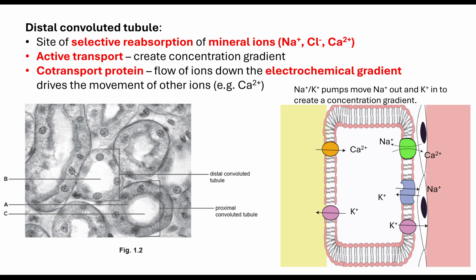The co-transport protein is going to move both the sodium and the calcium across the membrane. And it does that because the flow of ions down an electrochemical gradient will drive the movement of the other ion. Now, be careful, active transport needed the ATP molecule to be hydrolyzed down to ADP, releasing the energy for the pumping.